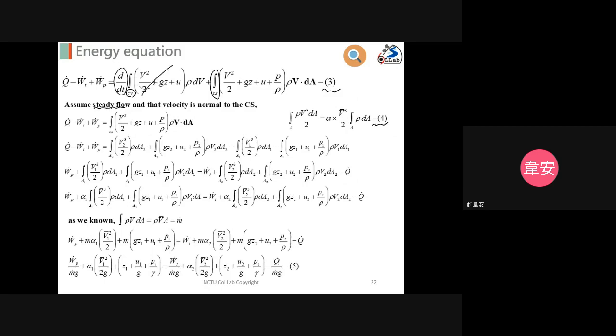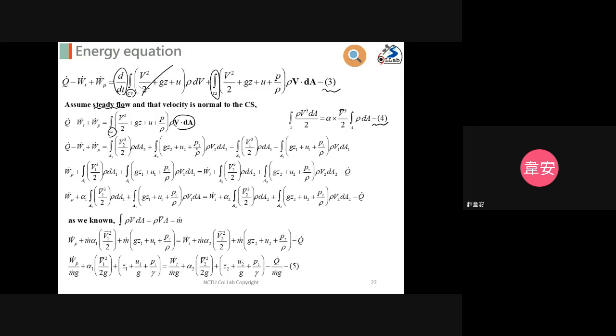And the velocity is always normal to the control surface, so we don't have the dot product. For the control volume, we only have the control surface items, and we know that the velocity is always parallel to the normal vector of the cross-section areas.